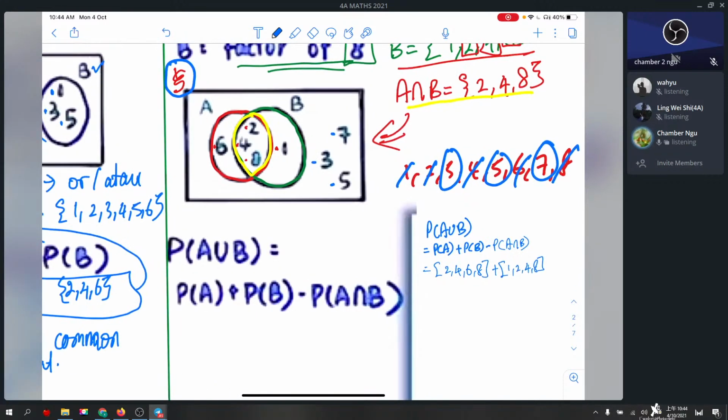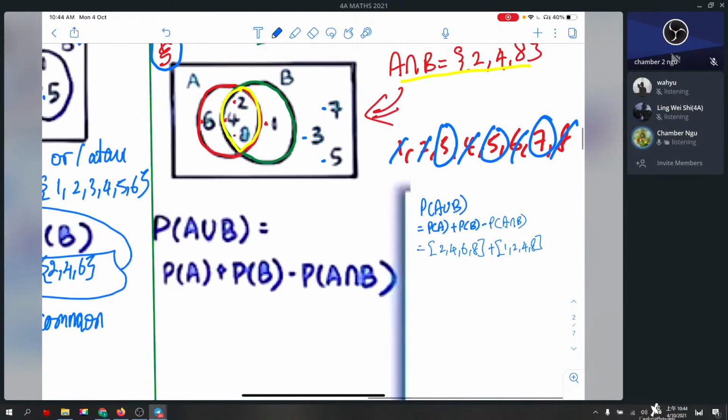Okay, and minus the A intersect B, we will get 2, 4, and 8, right? Okay, now I use the red color. Okay, minus this one with this one, 4, right? Yeah, and 8 and 8.